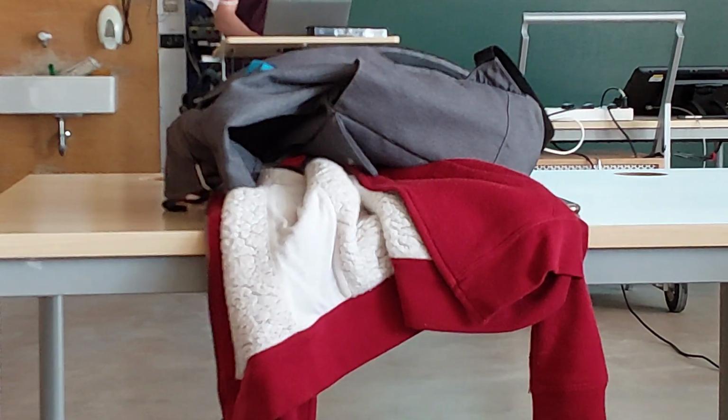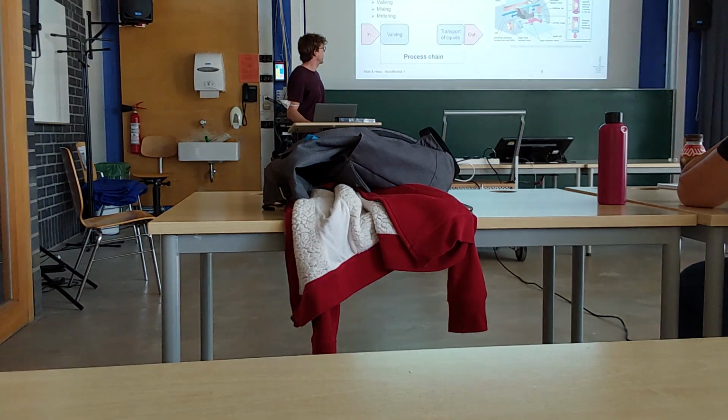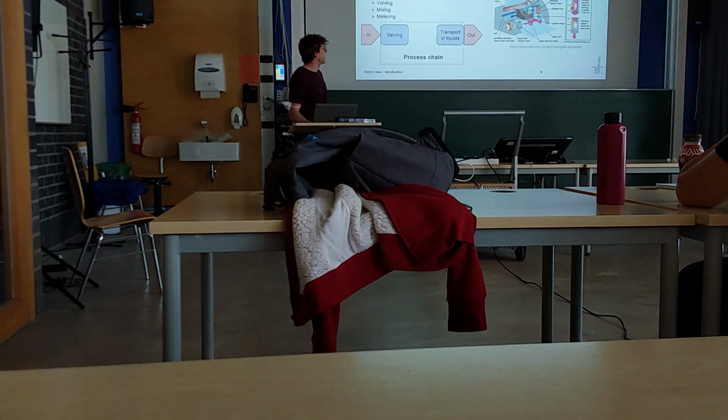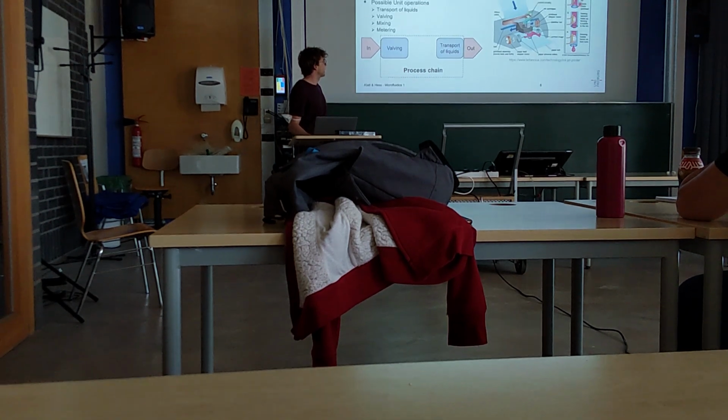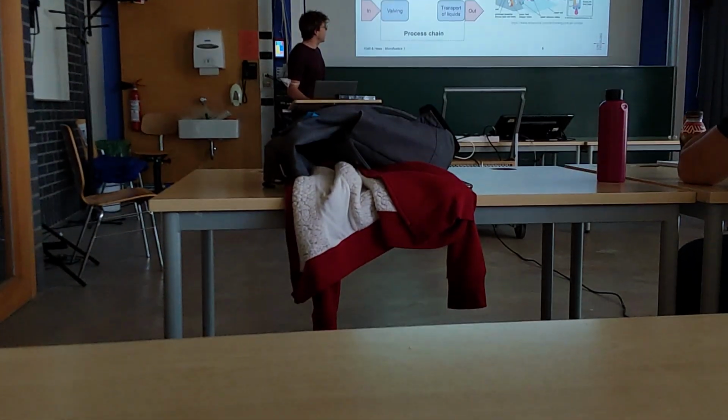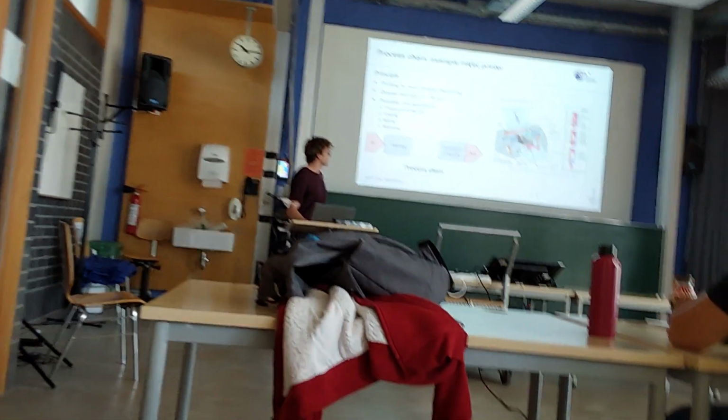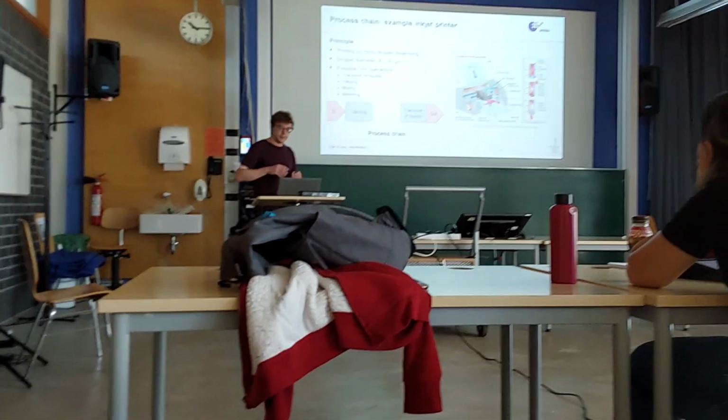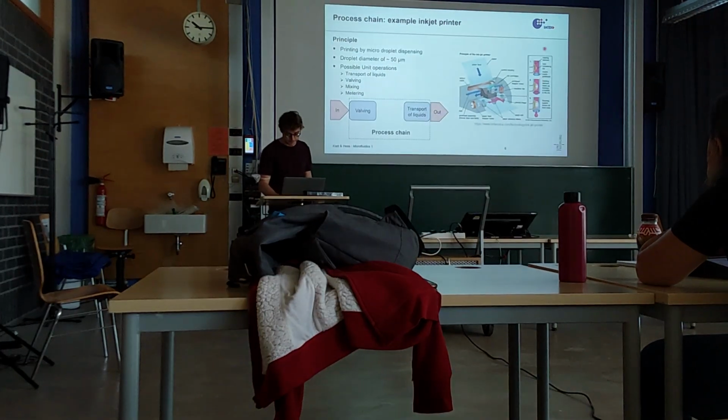So let's have a look at the small sketch on the right hand side. What you can see here are 3 different steps that happen. You have some kind of heating element, you have a tube that contains the ink, and you have a nozzle at the bottom where the liquid gets squeezed out.